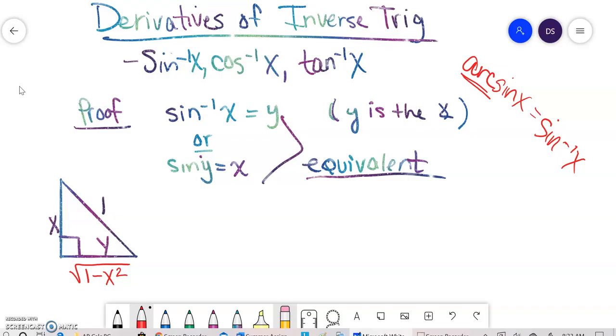So the first thing that we're going to do is remind you that with the inverse notation, we put in the value and we're looking for the angle. Instead of using theta, I used y because y and x are so nice to see visually, and we've been using dy dx a lot and not d theta dx.